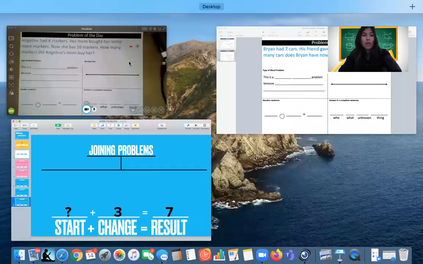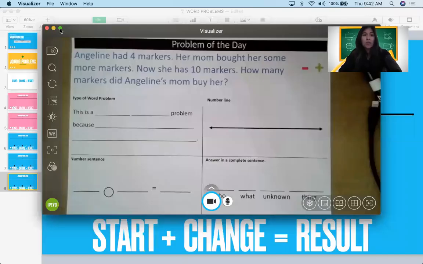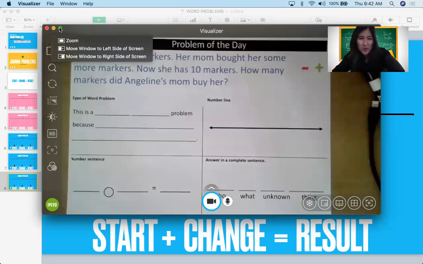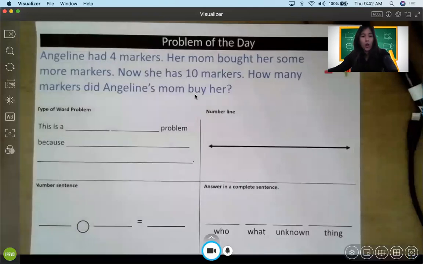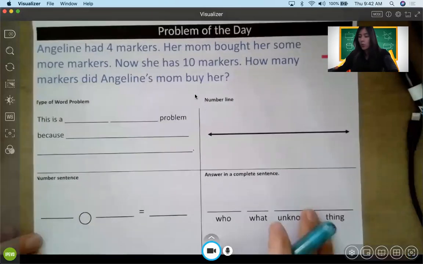So last week I gave you a word problem that looked like this. So let's go ahead and solve it. And then I will give you your word problem of the day. And that's the exciting part where you get to apply what you learned and show me just how much you are learning and working, okay?